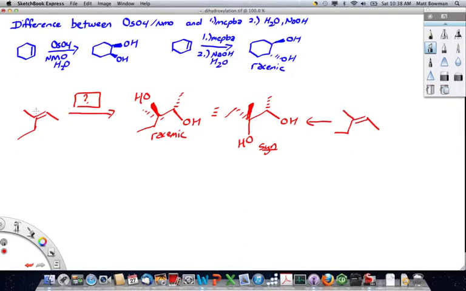And that happens to match this structure right here. So in this case, syn configuration is what we needed to add. So the answer is osmium tetroxide, NMO, and water. Let's do another one.